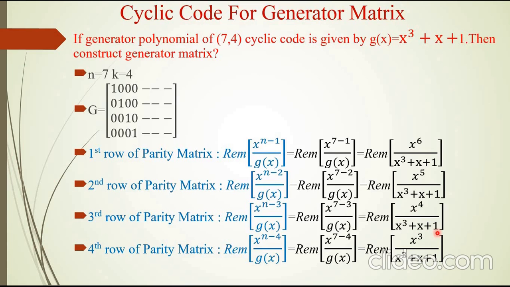And the fourth row of parity matrix will be remainder of x to the power n minus 4 divided by g(x). So x to the power 7 minus 4 will be x cube, and g(x) is x cube plus x plus 1. So the fourth row will be remainder of x cube divided by x cube plus x plus 1.